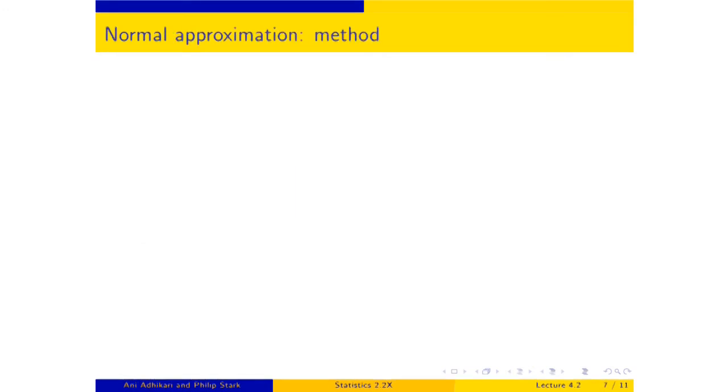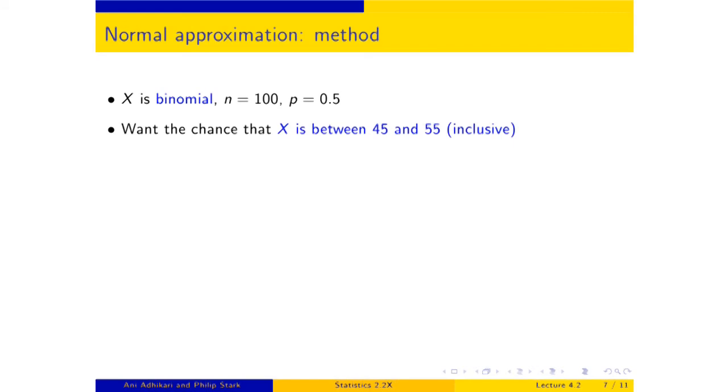Well, so here's how you carry out your approximation. You've got a binomial distribution, and you want a chance of a certain range. Step 1, figure out the expected value and the standard error, the center and spread of your curve. Now you've got a large number of trials, you believe the normal approximation is good.